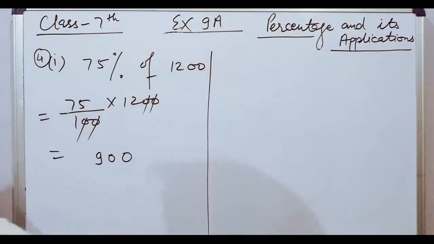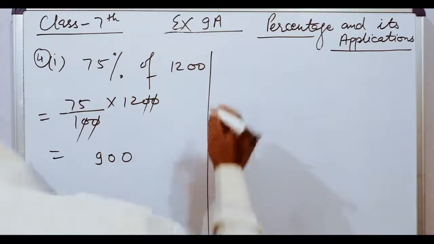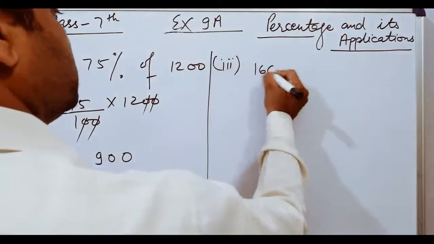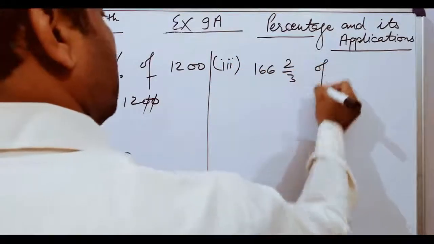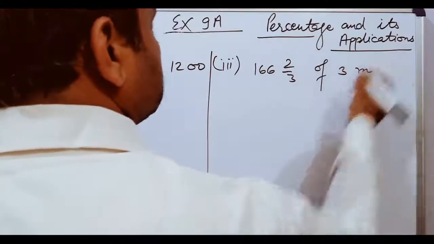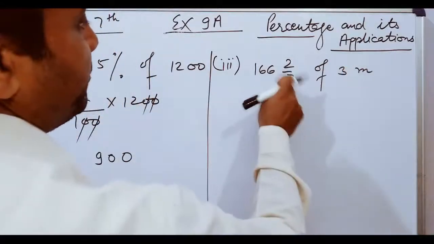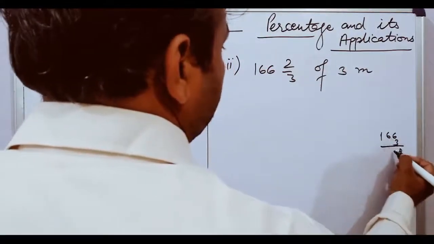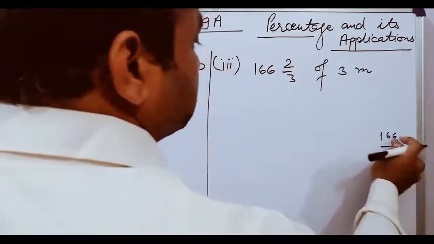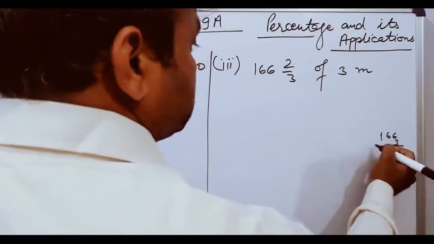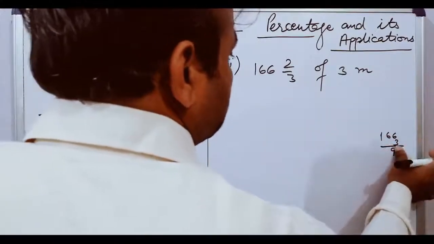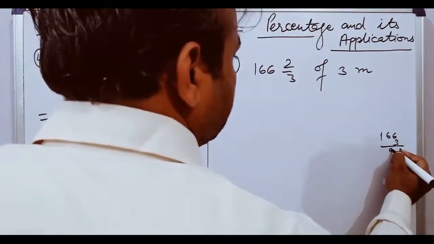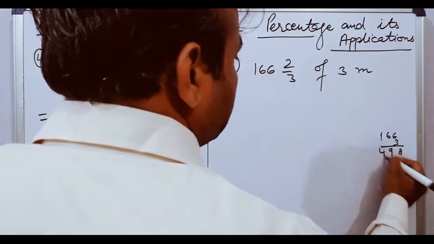Now third part, 166 whole 2 upon 3 percent of 3 meter. This 166 into 3, 3 6s are 18, 3 6s are 18, 19, 3 1s are 3, 3 4s are 2.